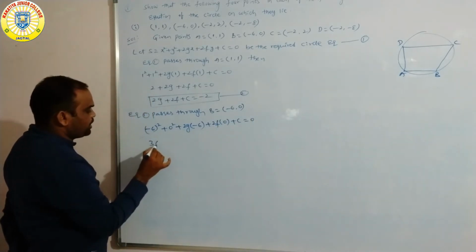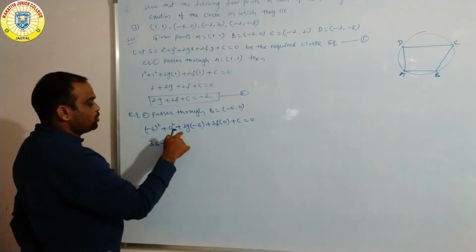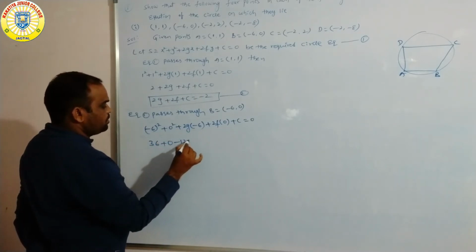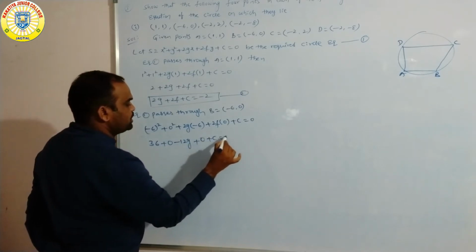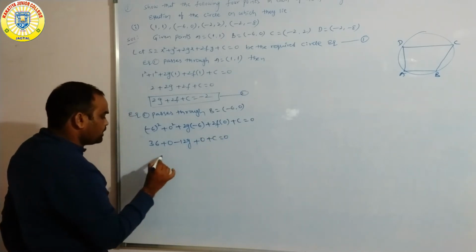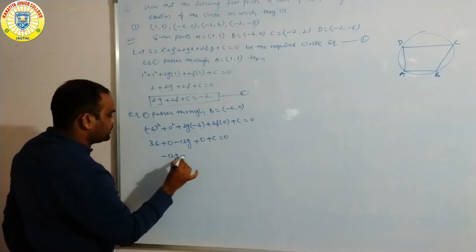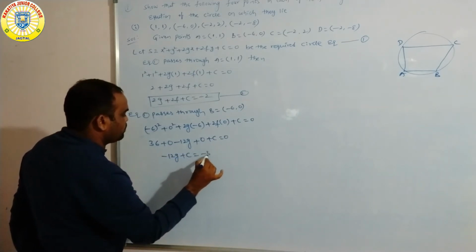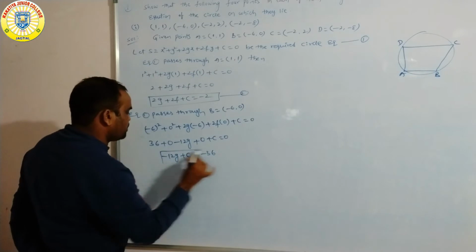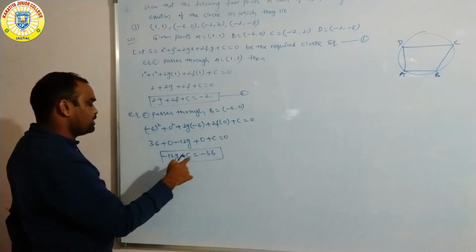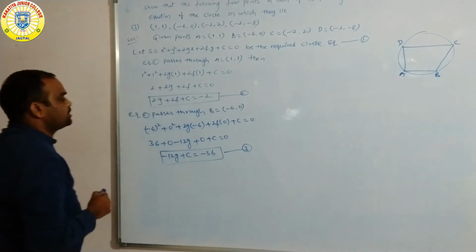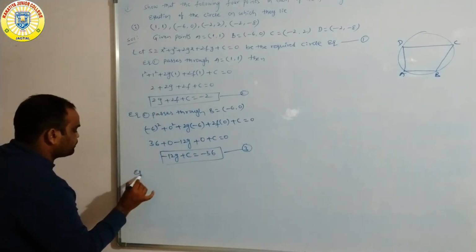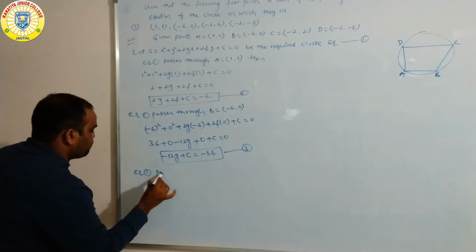Minus 6 whole square is 36, plus 0, 2g into minus 6 is minus 12g, 2f into 0 is 0, plus c is equal to 0. Totally minus 12g plus c is equal to minus 36. This is equation 3. And also see here, equation 1 passes through.